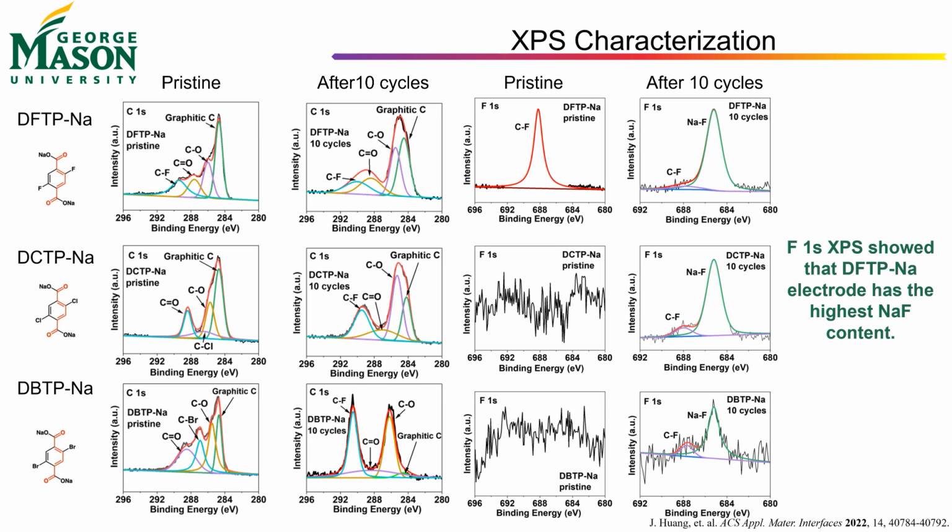From the GITT test, we also found that the overpotential of this material is as low as 33 millivolts, which is very good data. So based on the results of all of the reaction kinetics tests, we concluded that the reaction kinetics of DFTP sodium is very good.